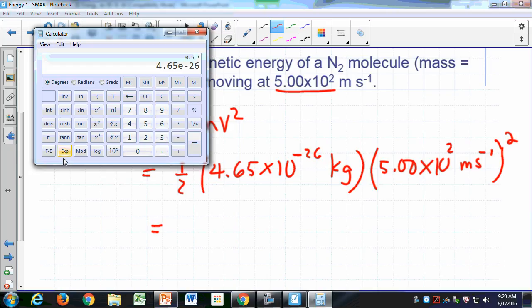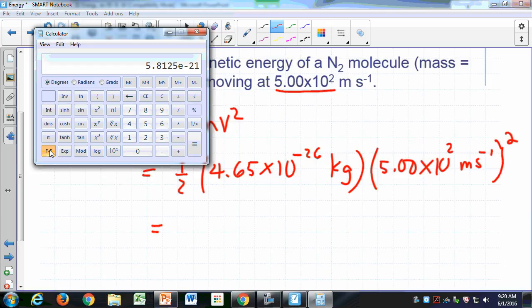So 4.65 times 10 to the -26 times 5.00 times 10 to the 2, and that is squared, so I press the square button and enter, and that's the answer. I'll put that in scientific notation. That's 5.81 times 10 to the -21.